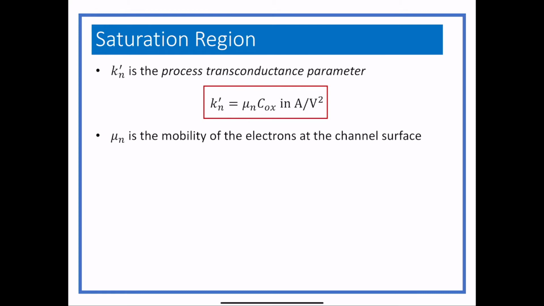And the mobility of the electrons is a standard value that's generally figured out, and oftentimes you're just given the Kn prime value and don't worry so much about the individual mobilities and capacitances, but you could if you wanted to.